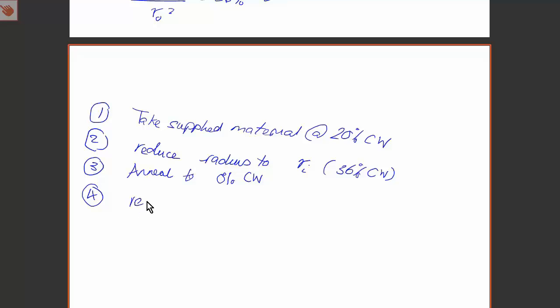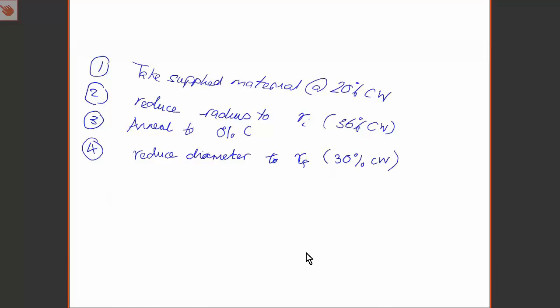Then let's reduce the diameter to RF to result in 30% cold work. We need to have the final material with a percentage cold work to get the increased tensile strength that we want, and we don't want to over cold work because then we'll miss the specification for the ductility. So that's how you solve that particular problem.